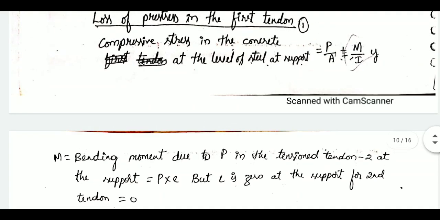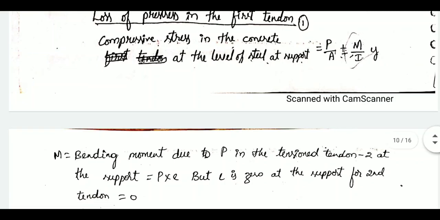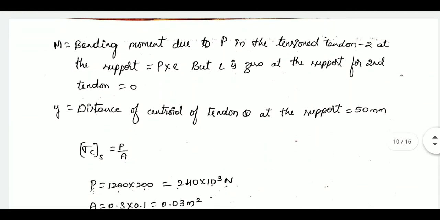See here, M is P into e. So for that e, eccentricity, we need to consider for second cable, as we are tensioning the second cable, and y value, we are calculating the loss of pre-stress in first cable. So at support for first cable we have eccentricity of 50 mm above the centroidal axis, that we need to consider here, 0.05 meters.